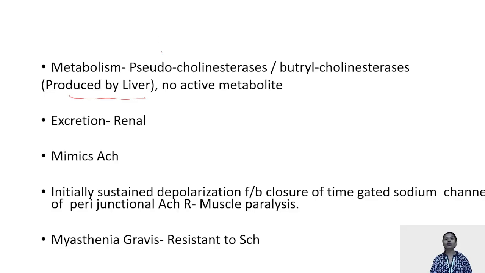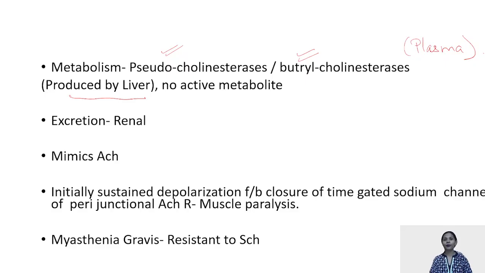Please remember, pseudocholine esterase, also known by the name of butyrylcholine esterase, is found in plasma and not in your cleft. In the cleft you can have acetylcholine esterase enzyme, but not the pseudocholine esterase or butyrylcholine esterase.